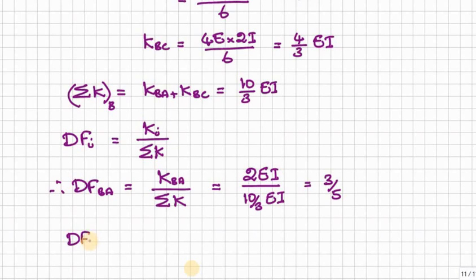So DFBC is equal to KBC divided by sigma K, which is equal to 2 by 5.